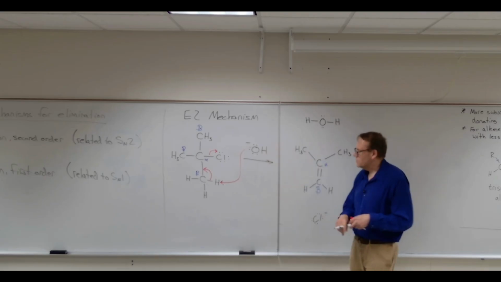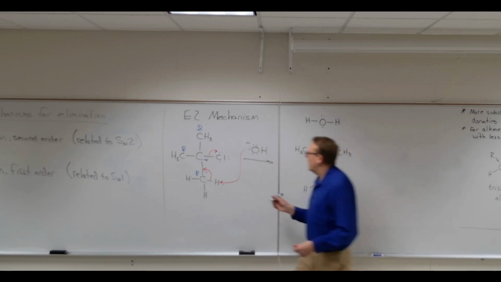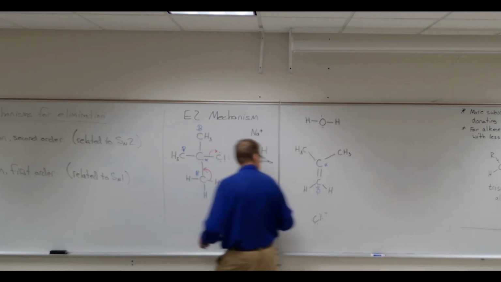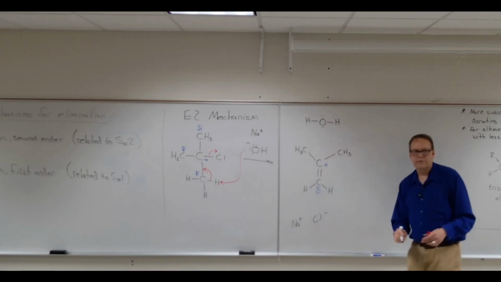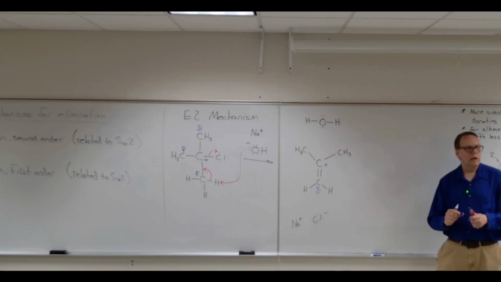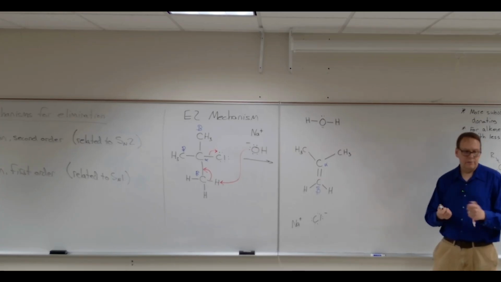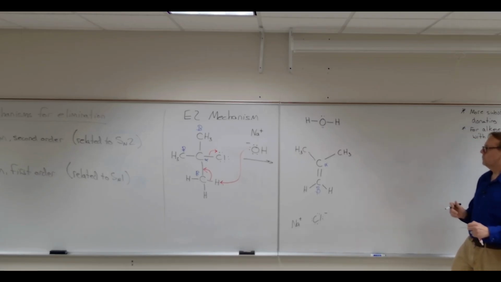If you saw like just this, then just chloride would be your product. If you saw sodium chloride, for example, Na plus OH minus, then you'd have a sodium cation over here as well. But either way, sometimes you're asked for a balanced equation showing all the products, and sometimes you're just asked to show the alkene product. So just give the question whatever it wants, I guess, is the bottom line.